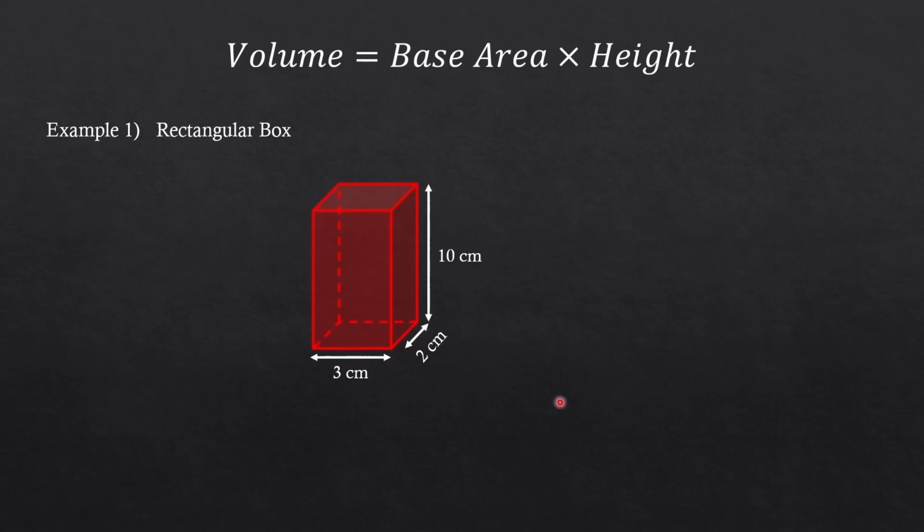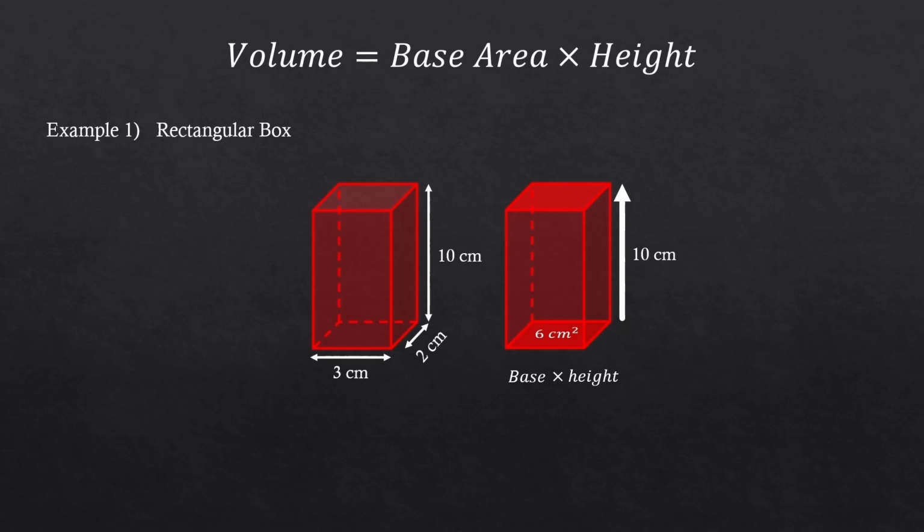In this case, it is 6 cm squared, right? But now this base stretches up by 10 cm. So base times height is going to be 6 times 10, right? So that is going to be 60. And this is our volume.